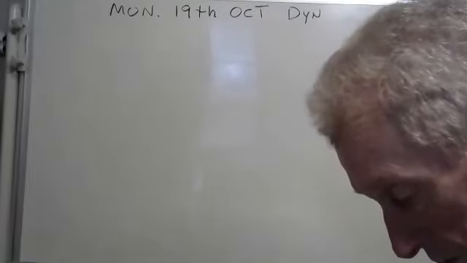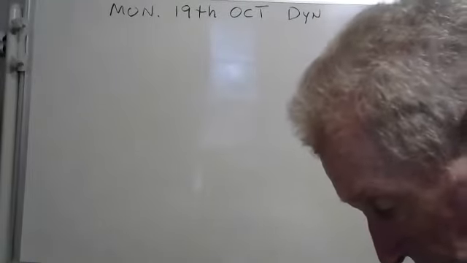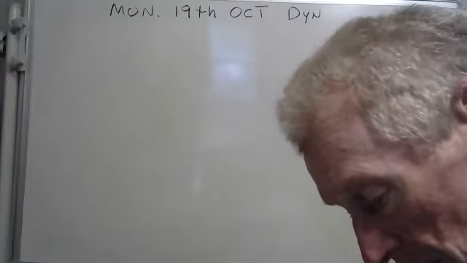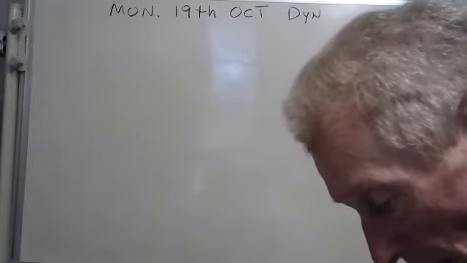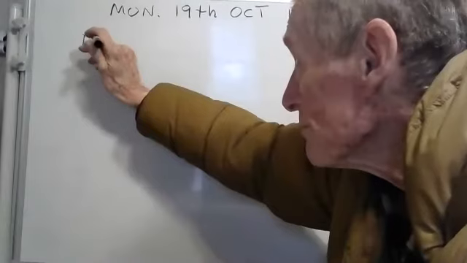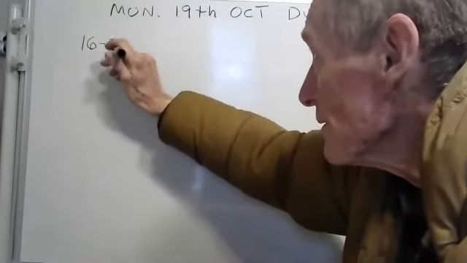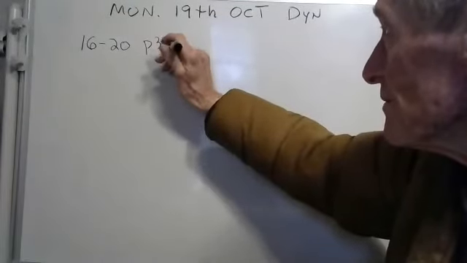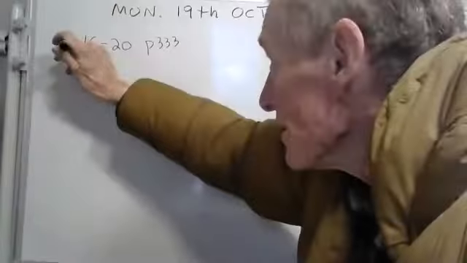Okay, now this one's going to involve gears. I've got some gears here. Let's see. Yeah. Now this is problem 1620. It's on page 333, and it has an asterisk.